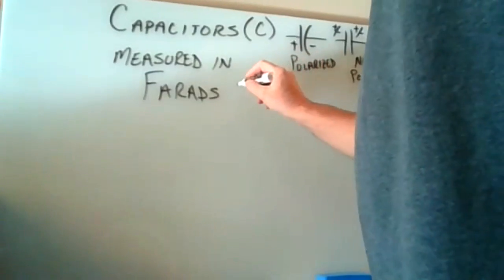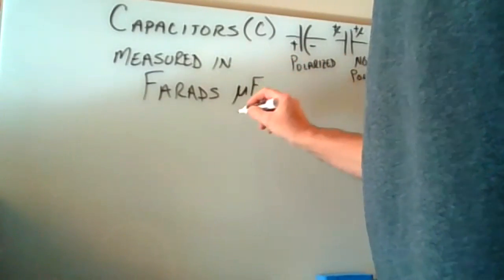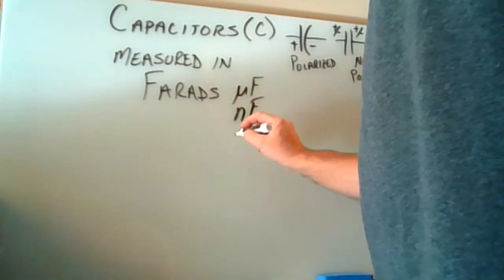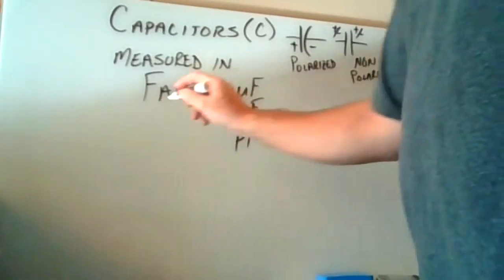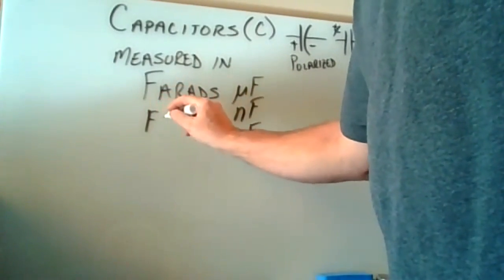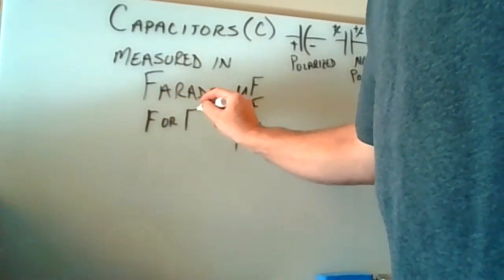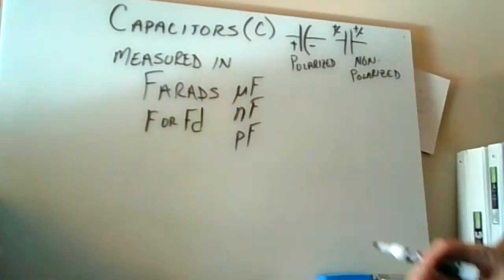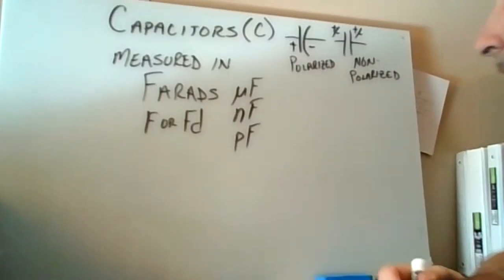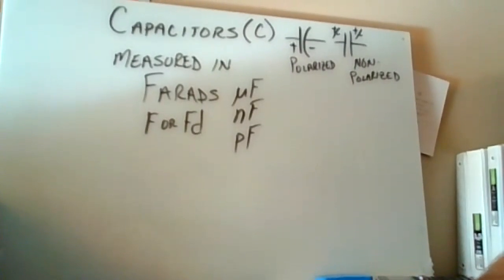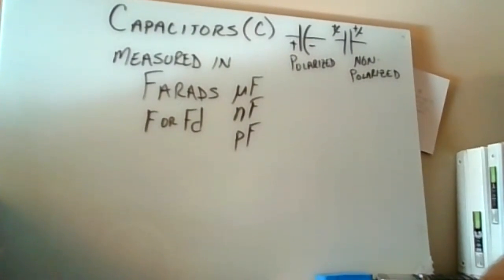So the most common ones you're going to see are microfarads, nanofarads, and picofarads, okay? And farads, you'll either see it F, or sometimes you'll see it FD. Usually when I write it, I'll just write it with an F, but you will also see it FD sometimes, okay?